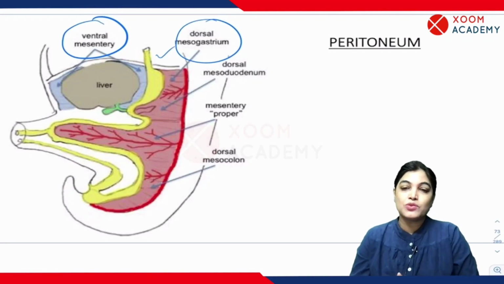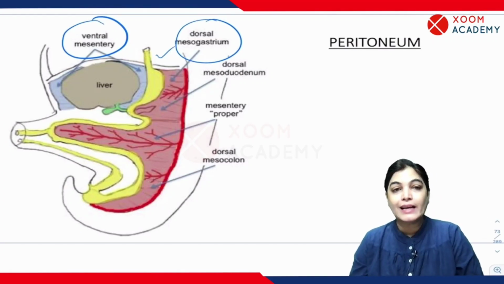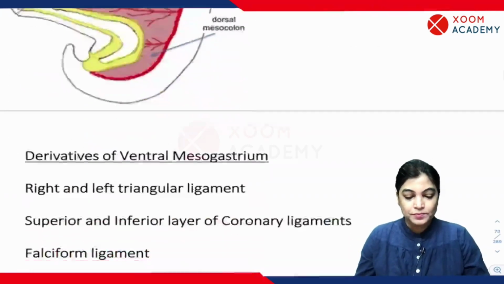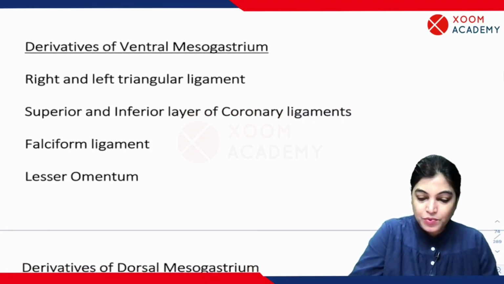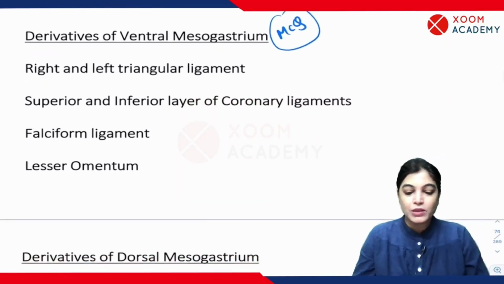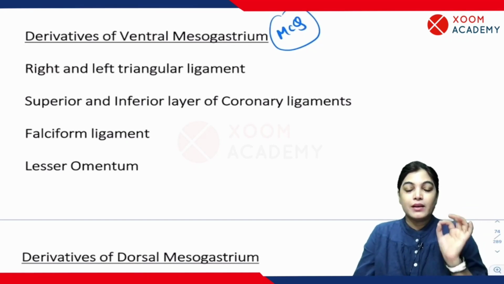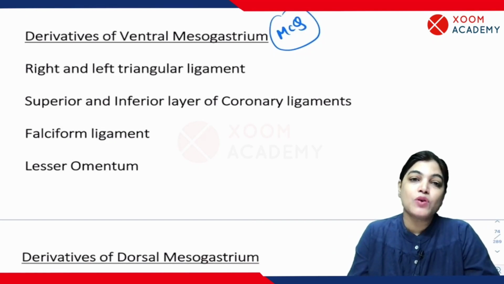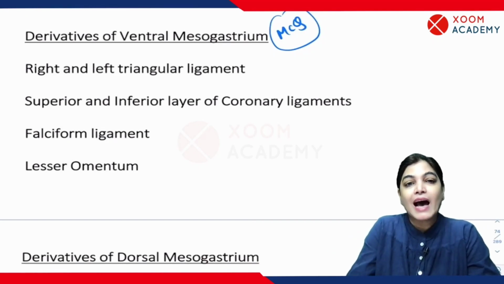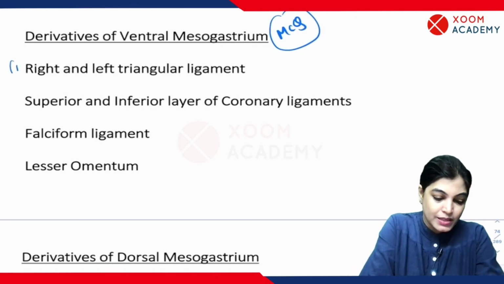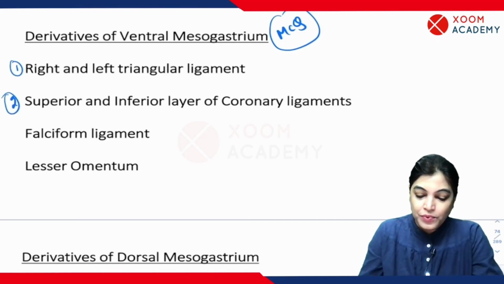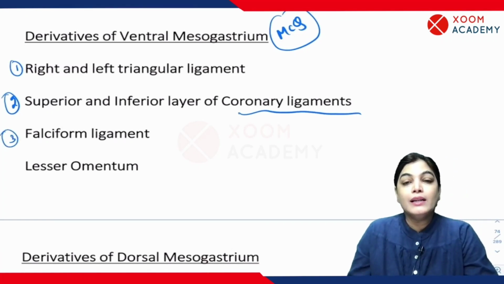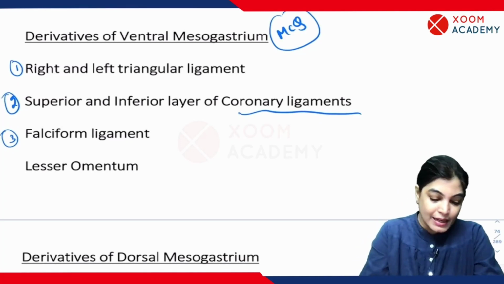For your MCQs, it is very important that you should know the derivatives of the ventral mesentery and the derivatives of the dorsal mesentery. Wherever an important point comes for MCQs, which you should learn by heart, I would like to mark it. The derivatives of the ventral mesogastrium are the right and left triangular ligaments, which you can appreciate in the liver, the superior and inferior coronary ligaments, the falciform ligament, which divides the liver into anatomical right and left lobes, and the lesser omentum.